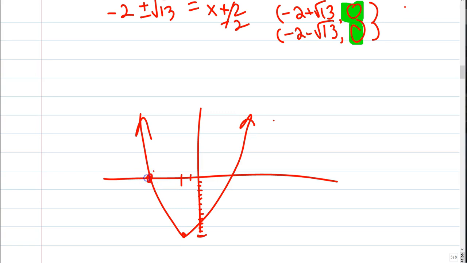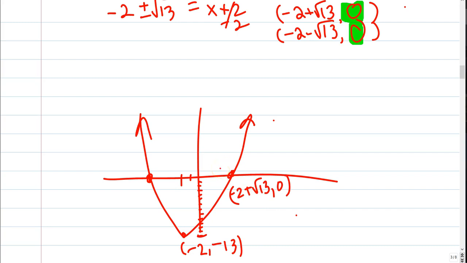Where are these x-intercepts? We found them, right? So we knew it goes through negative 2, negative 13, right? But where does it cross? Well, this point right here would be at negative 2 plus the square root of 13, comma 0. Square root of 13 should be a little bit more than 3. So this should technically be about 1 point something.